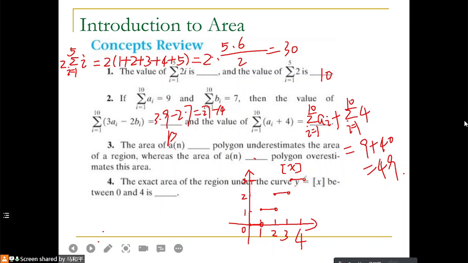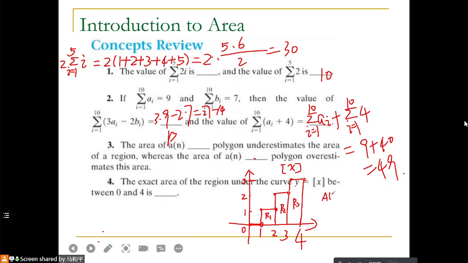So it's the region under the curve between 0 and 4. So the area: we have 3 rectangles, the sum of the 3 rectangles. Because this part is not a rectangle, just a straight line, its area is 0. So we have R1, R2, R3.